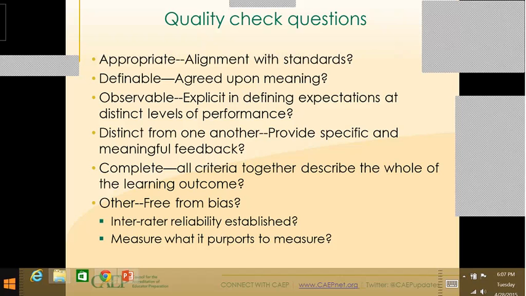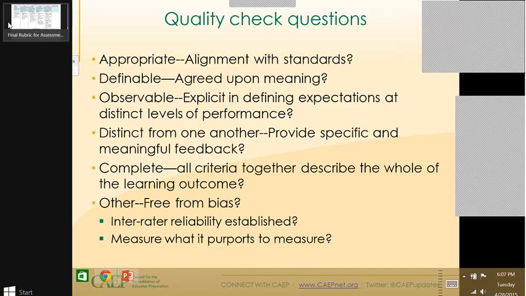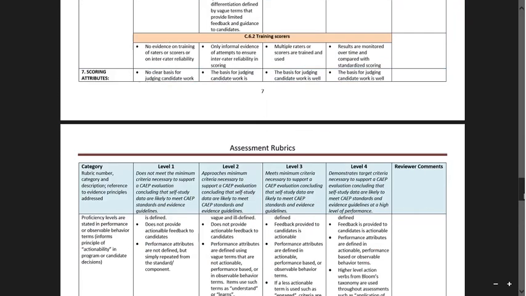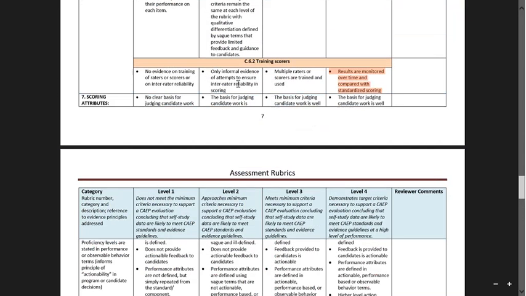Good question, and in order to answer that I'm going to go back to this final rubric because it did have some information on that. So here we go, on training the scorers in terms of inter-rater reliability. You're going to want to have multiple raters that are trained, and that you're looking at those trainings over time.